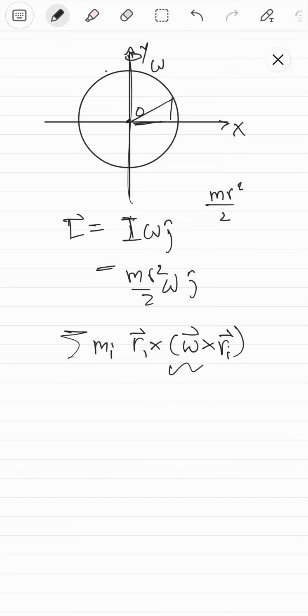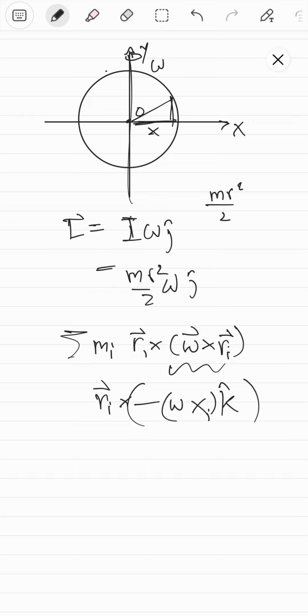So this whole thing can be written as omega vector cross the x component, so basically omega times xi, since we are still in the summation. This was j cross i, which is negative k, so we get negative of this thing times k hat, and then ri vector cross this whole thing, where ri vector can be written as xi i hat plus yi j hat.